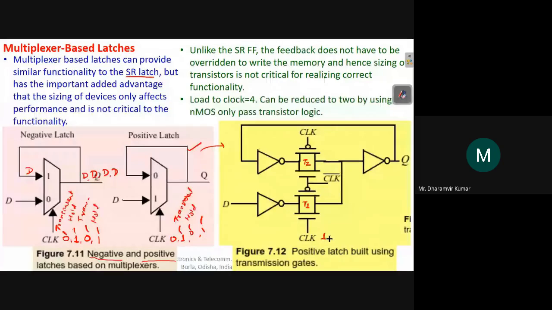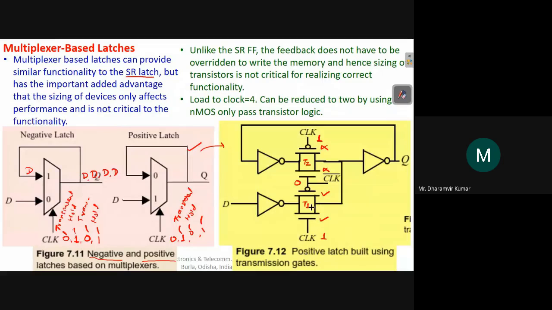When clock is 1, clock bar becomes 0 and clock becomes 1. So this logic 1 at PMOS, this PMOS will not conduct. Logic 0 at NMOS, this will not conduct, but these conduct.